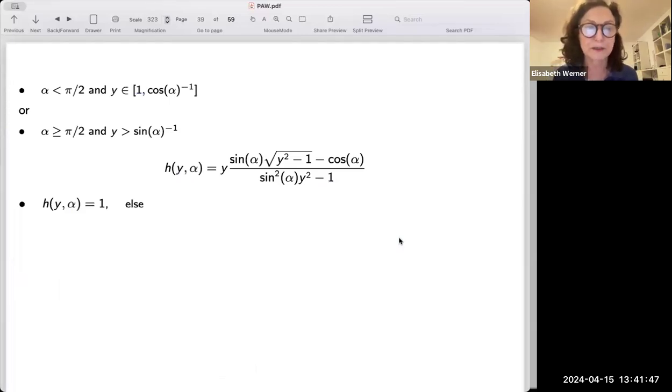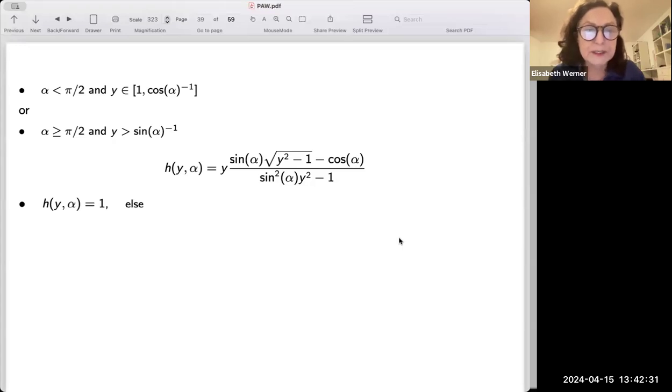It's also a bit involved, and we have again to look at cases, namely if alpha is smaller than pi over 2 and y is in the interval 1 over cosine alpha, or if alpha is bigger or equal than pi over 2 and y is bigger than 1 over sine alpha, then the h of y, alpha is simply, or not simply, y times sine alpha, y squared minus 1 root minus cos alpha over y squared sine squared alpha minus 1. And in all the other cases, h of y, alpha is equal to 1.